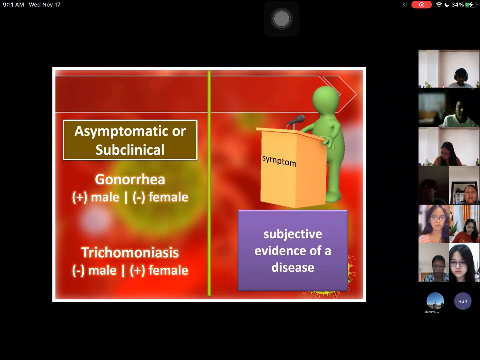Okay? The trichomoniasis is usually common in female. Okay? They usually experience vaginosis, or inflammation of the vagina. Okay? That is an example of asymptomatic.